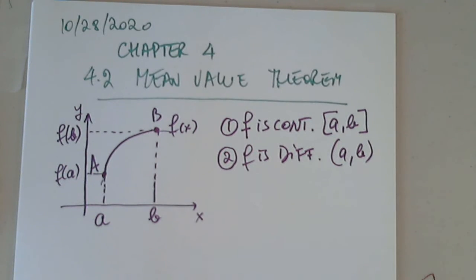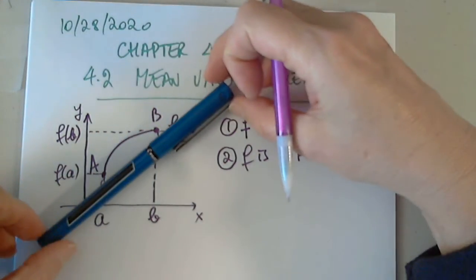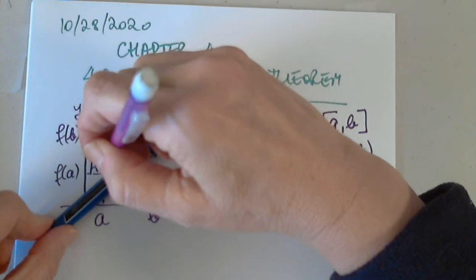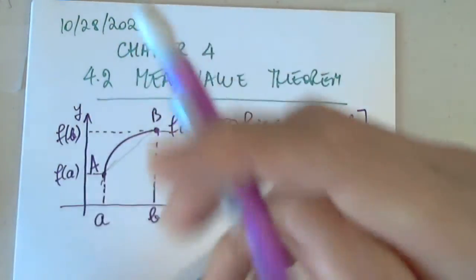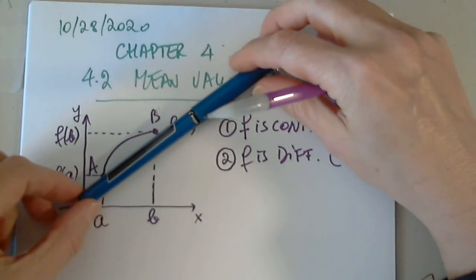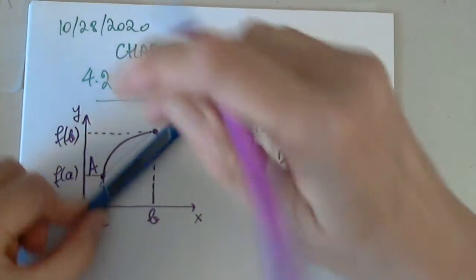So here's what I'm going to do next. I am going to draw a line segment AB. Here's the line segment AB. I thought it would work better, but it didn't, so I have to redo it.